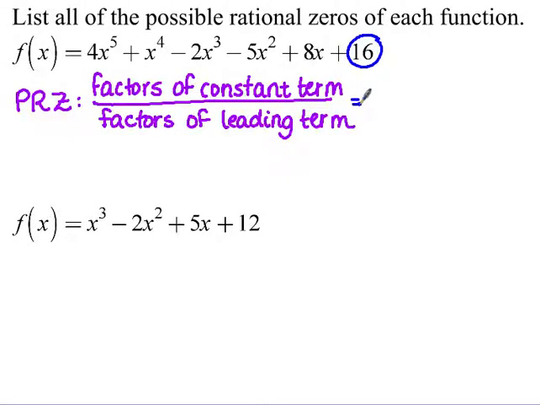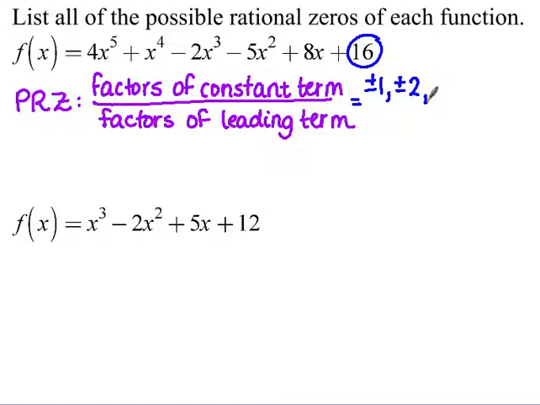One of the things about factors is that they can also be positive or negative. First of all, I have 1. That's a factor of 16, so I'm going to put plus or minus 1. What's another factor of 16? 2, right? We like to go in order.